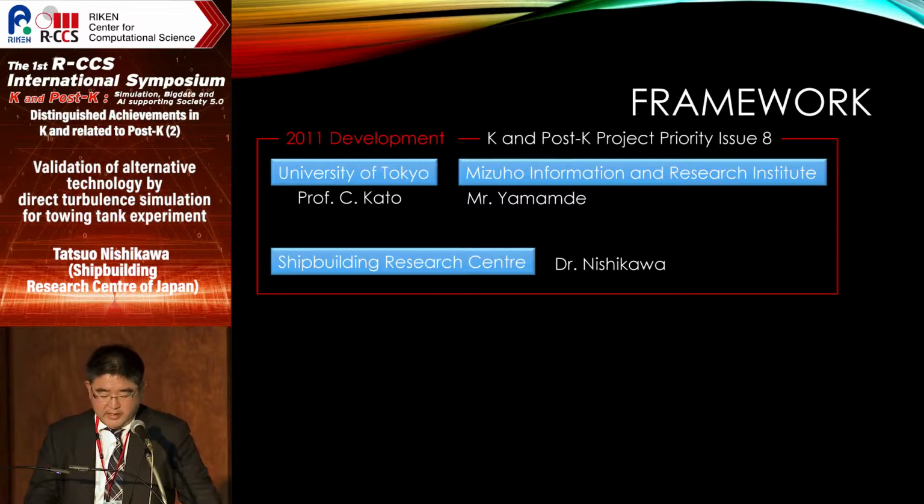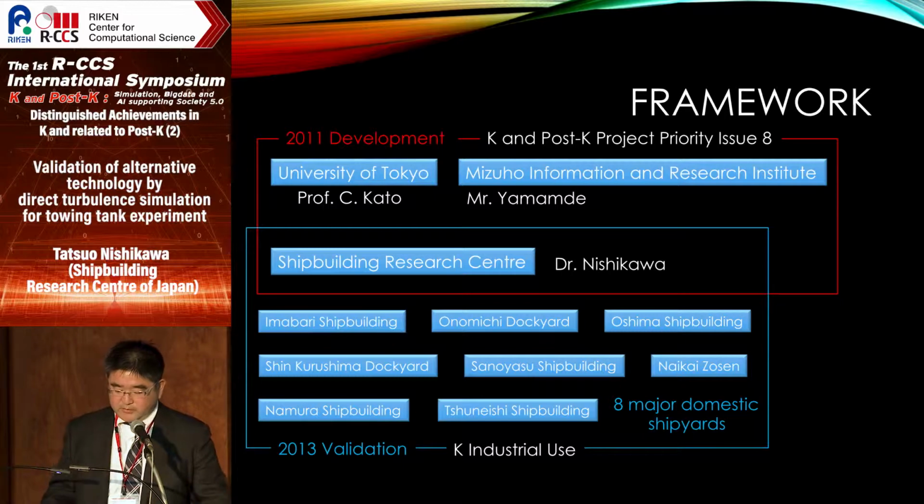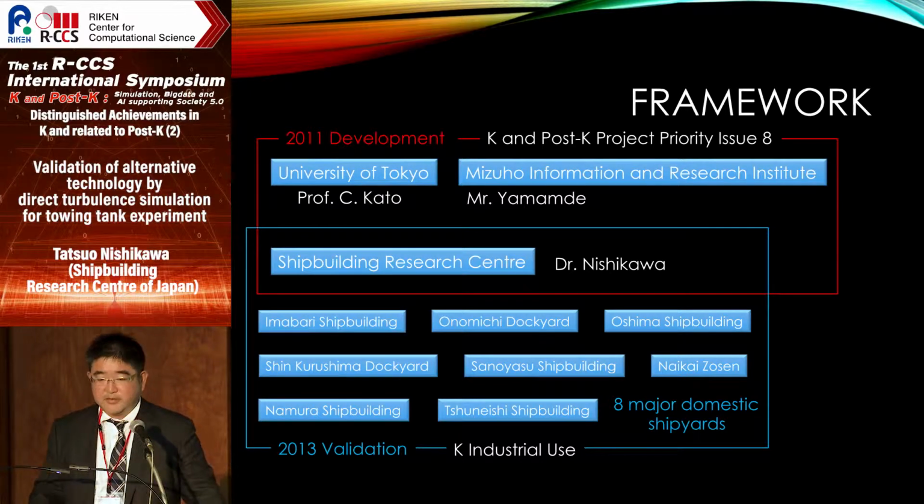And the K and post-K priority issue number 8 is used in this part. To follow after, we started validation with more practical ships with 8 shipyards. And the computer resource of K industry use is in this part.